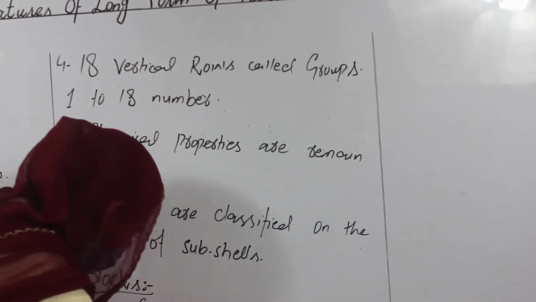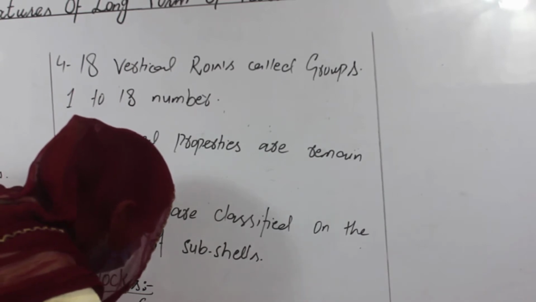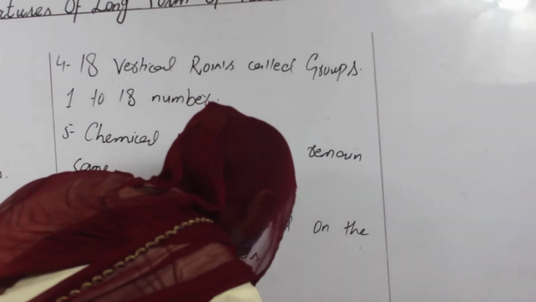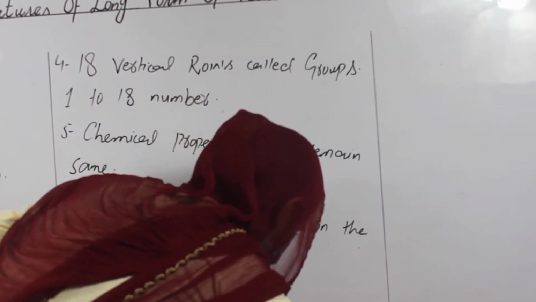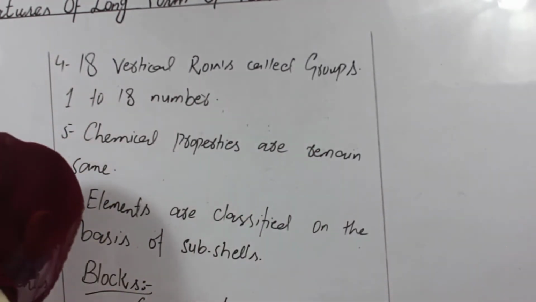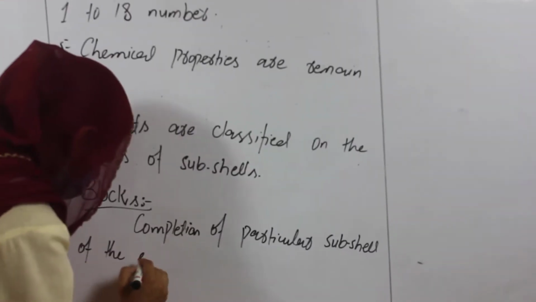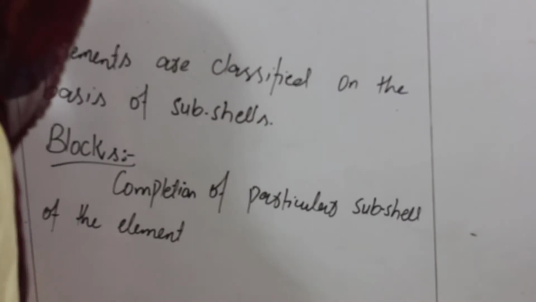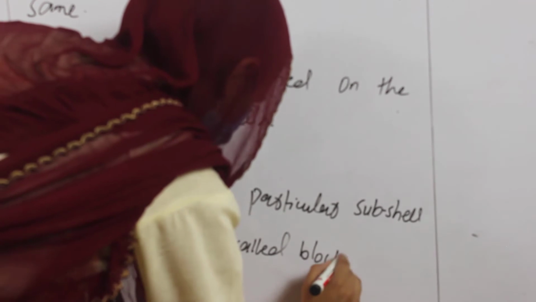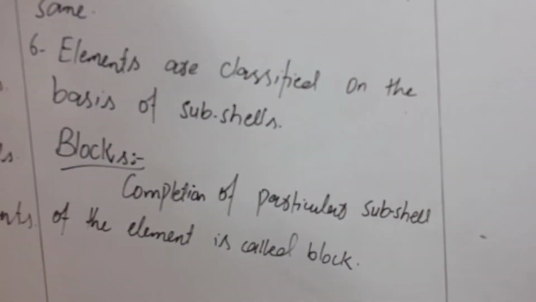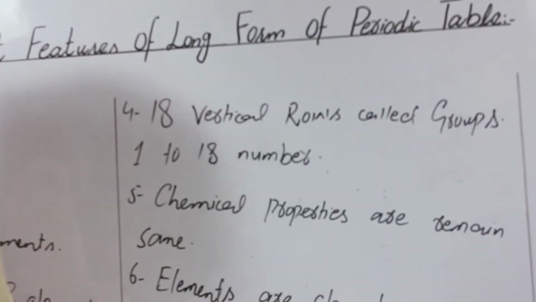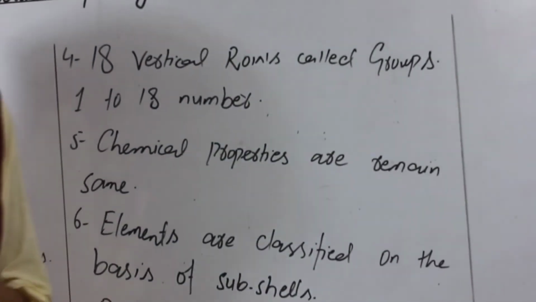The completion of a particular subshell of the element is called a block. Means those elements which have the same valence electron or valence subshell are called one block.